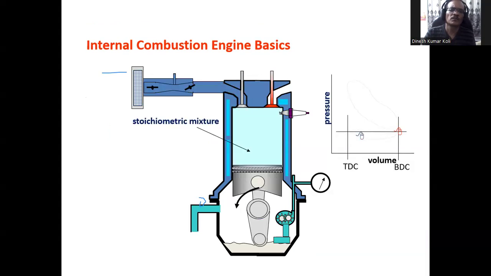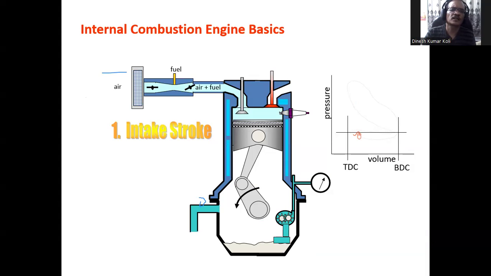Now you can understand this process here also. This is called the filter in the intake process or the suction stroke. With the help of this air filter, the air or air fuel mixture will enter here, and this is the throttle valve, which is called the accelerator.